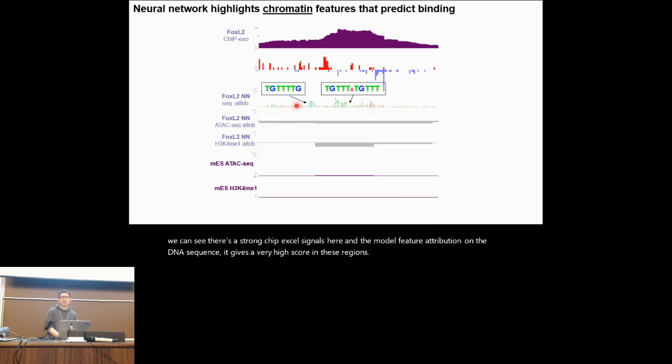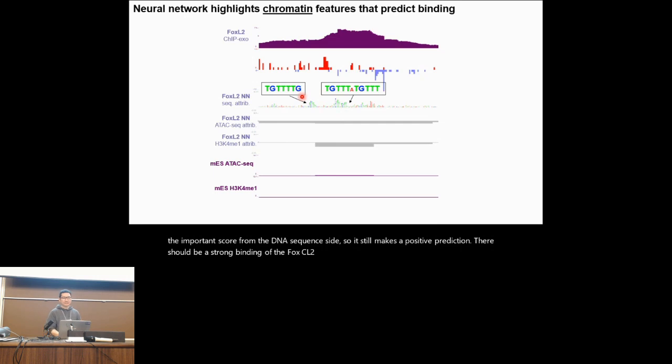Basically, it recognizes the TTTG repeats we just mentioned. On the chromatin side, although there are no active chromatin marks in this region, the model gives only a small penalty, which is not strong enough to offset the importance score from the DNA sequence side. So it still makes a positive prediction: there should be a strong binding of FOXL2 in this region.